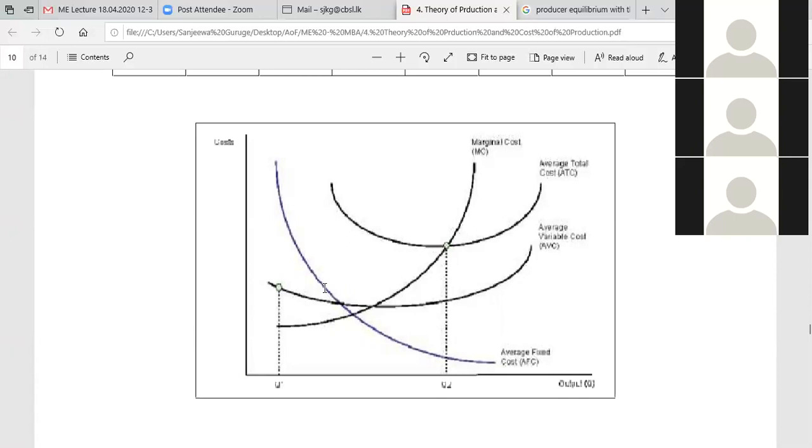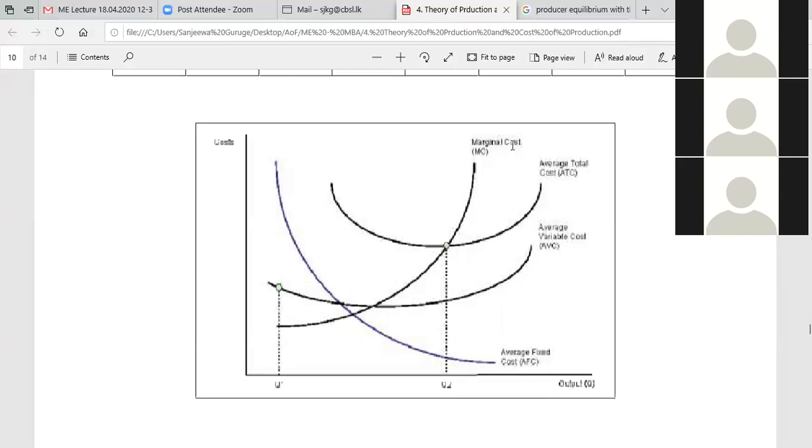What is the relationship between marginal cost and average cost? MC intersects the average total cost when it is at the minimum. Exactly, that is the relationship. You can see the marginal cost curve crosses the average cost when average cost is minimum.